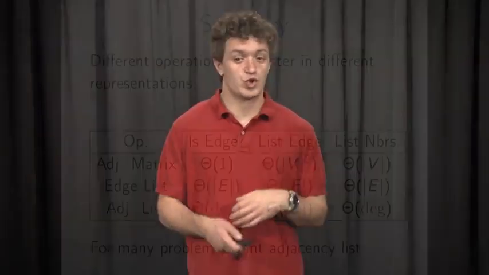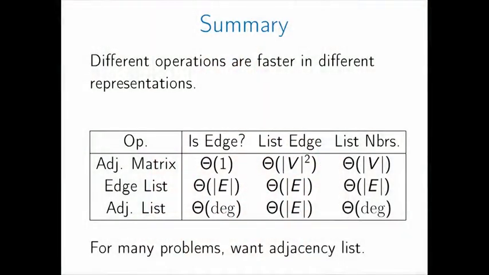However, when you have an edge list, the only thing you can really do is scan the entire list of edges to see if that particular edge shows up. That takes time proportional to the number of edges. For the adjacency list, it's a little bit faster than that. What you do is you pick one end of this edge that you're looking for and then look at all of its neighbors. If we want to know if A is adjacent to B, you look at the list of A's neighbors and see if B is on the list. And so the time there is proportional to the degree of the vertex, the number of neighbors that this one guy has.